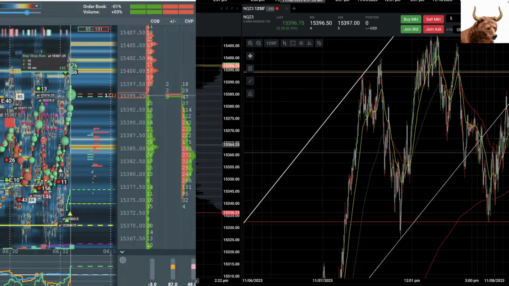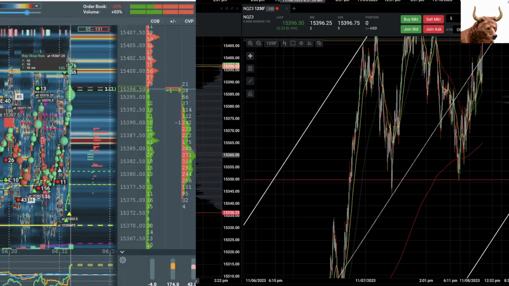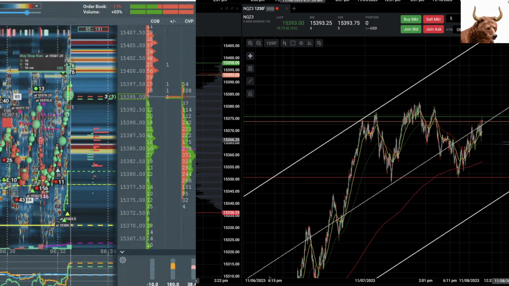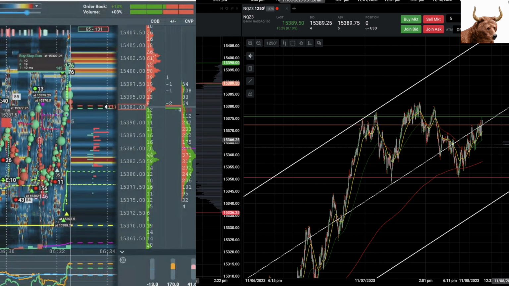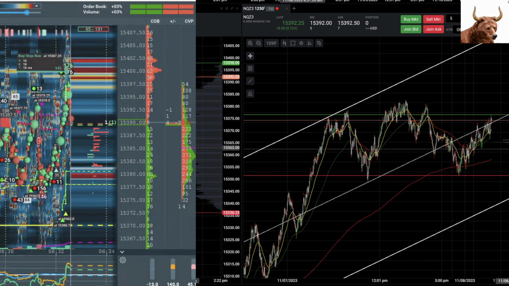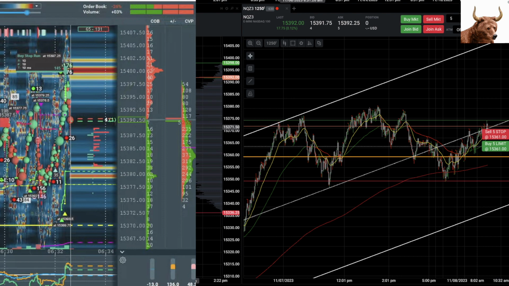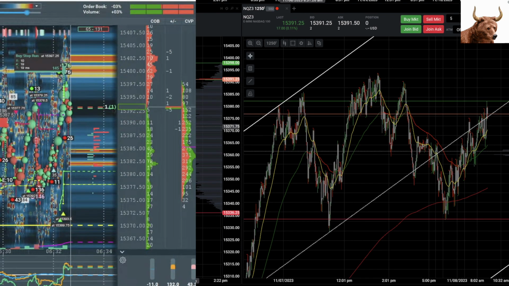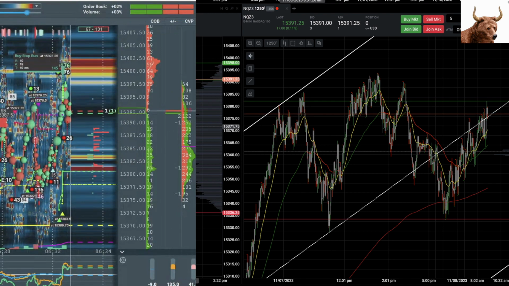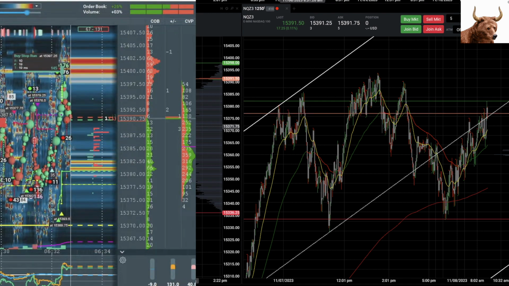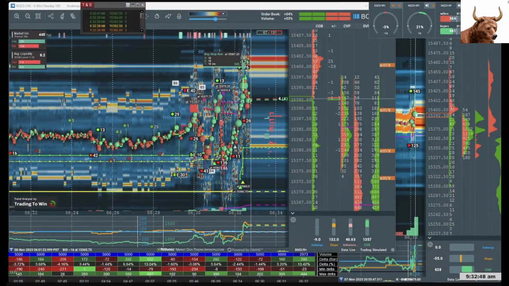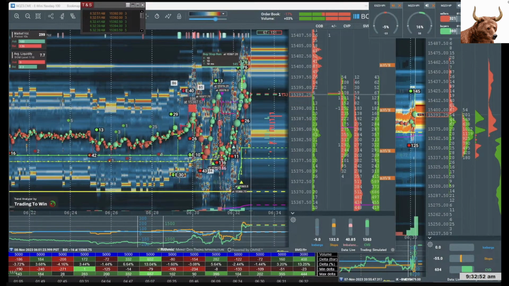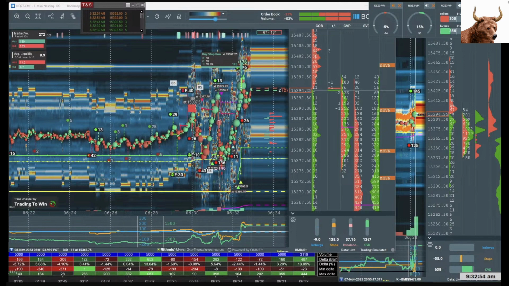I do have a channel for a little bit tighter of a range. And from here, we're basically just going to sit this out for a bit, let price settle down, and pay attention to Bookmap. The larger orders on Bookmap would be above at basically 15,400, which we are very close to.